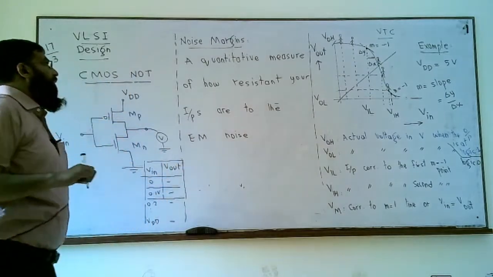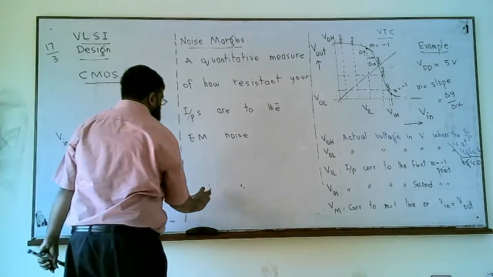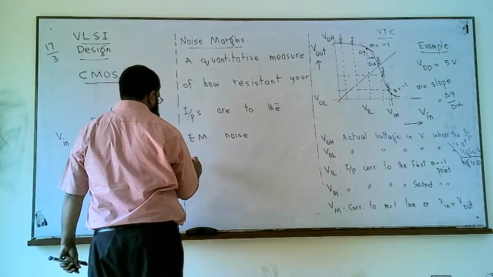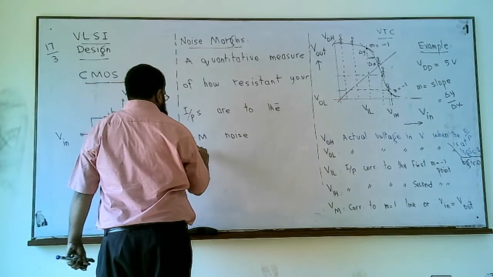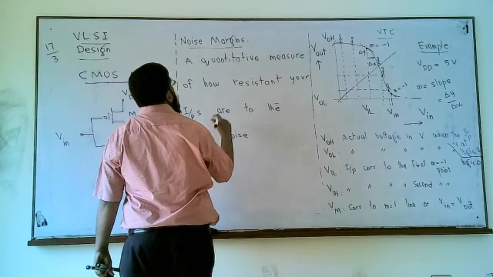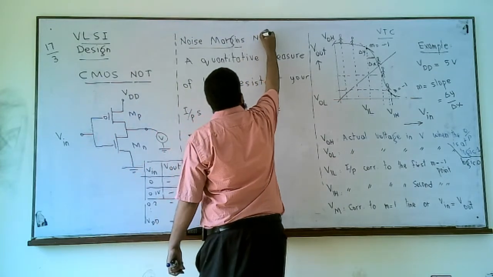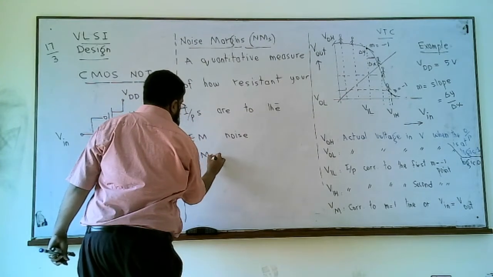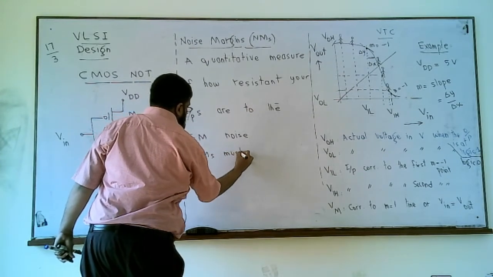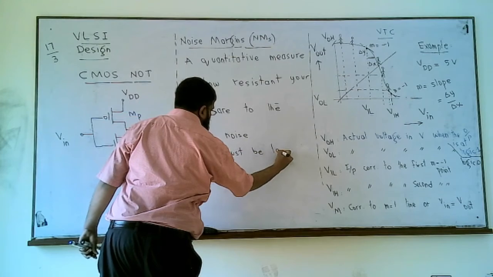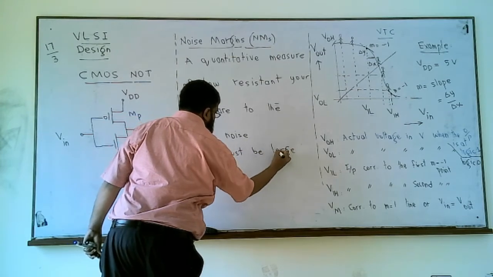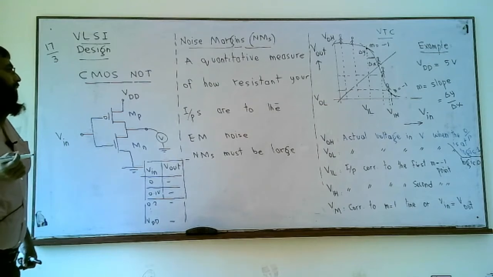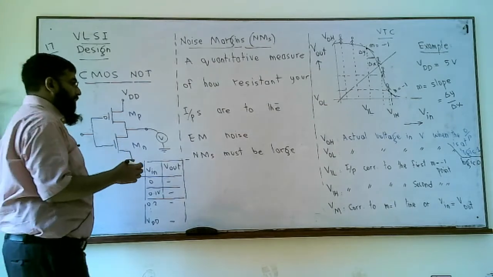So this should be very large. The larger these noise margins are, the better it is. So noise margins must be large. Larger noise margins mean larger resistance to the EM noise present in the environment.